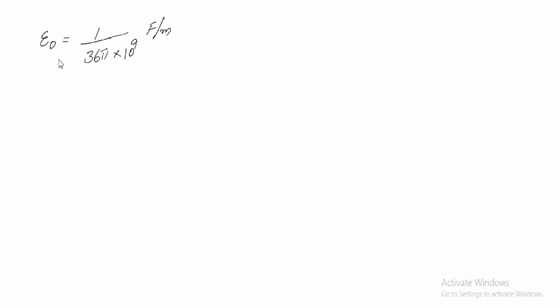So from this we can write F, that is the force, is a vector which is equal to Q1 Q2 by 4 pi epsilon naught d square into the unit vector a12.